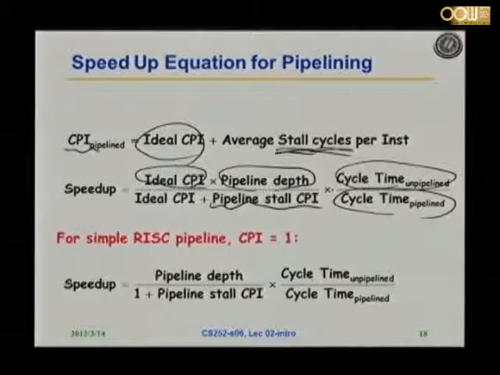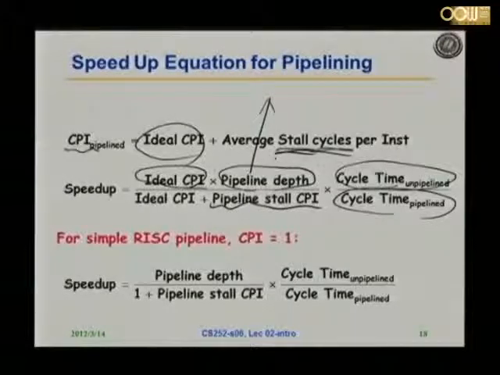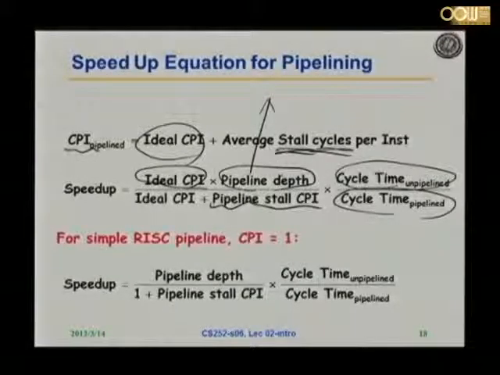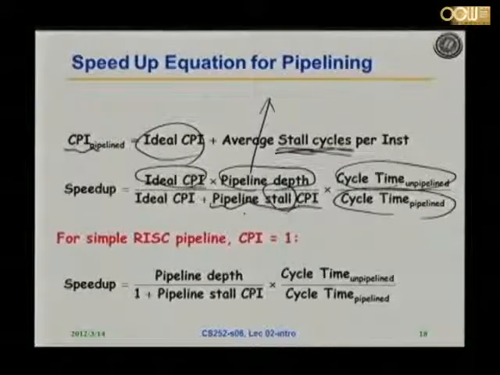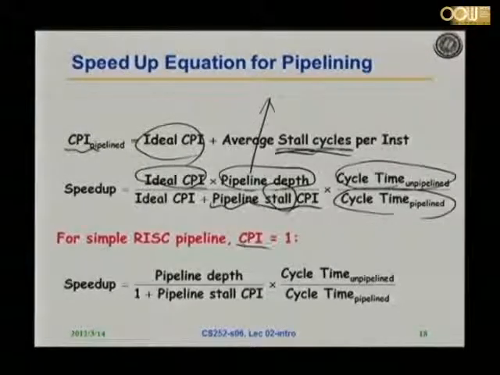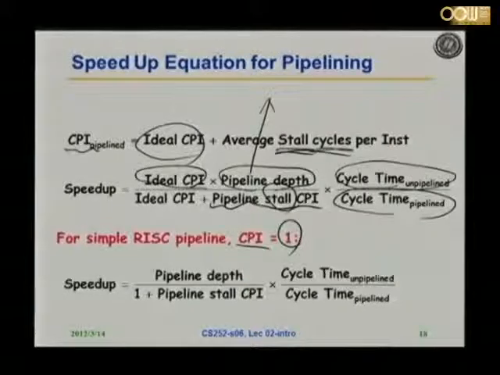So if the clock cycle times are the same, then theoretically, the speed up I get from going from no pipelining to pipelining should equal the pipeline depth. In other words, here maybe 5. Okay, but in fact, there are stalls. So the speed up can never be so ideal. Okay, for simple RISC pipelines, the idealized cycles per instruction is 1. But speed up will become like this.